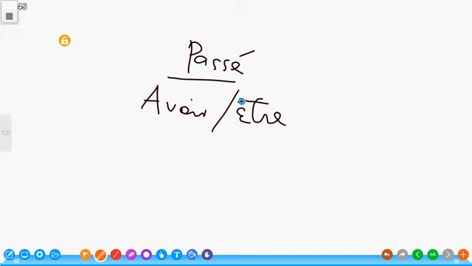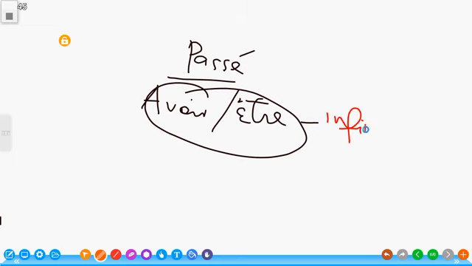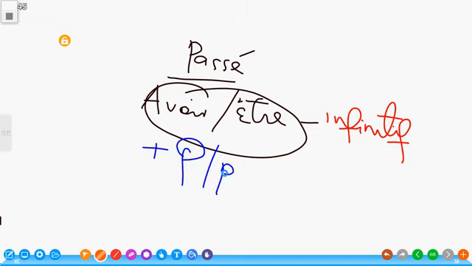I am saying the verb avoir or être in infinitive, plus the past participle of the verb. The verbs avoir and être will not be conjugated, but plus the past participle. And this is what we are going to have.